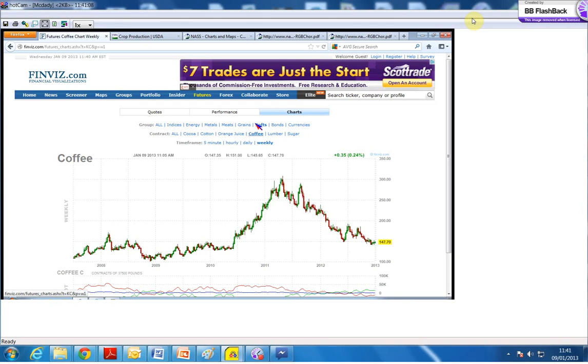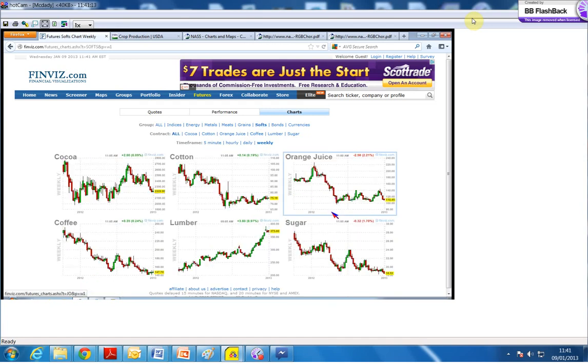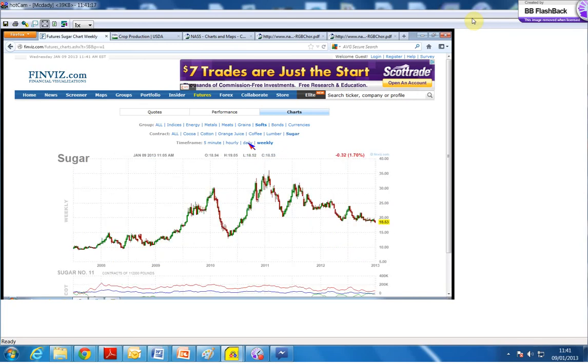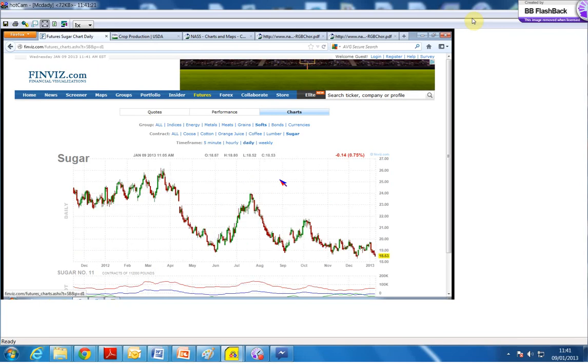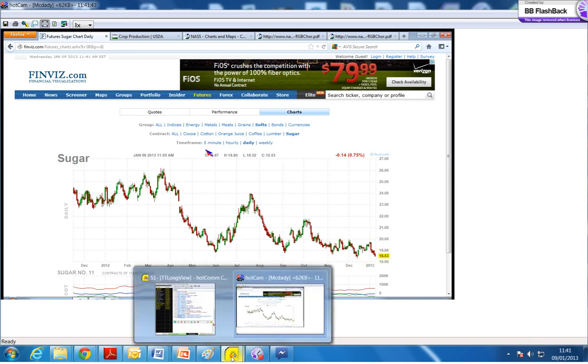But sugar, you can take the sugar short, and your stop is going to be pretty much above the 19. So even if you do a 2N stop, your stop is going to be above the 19. Okay? All right?